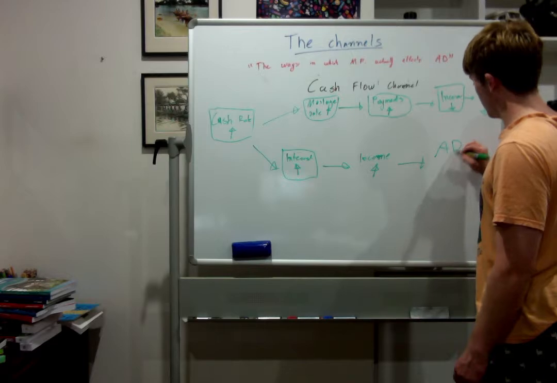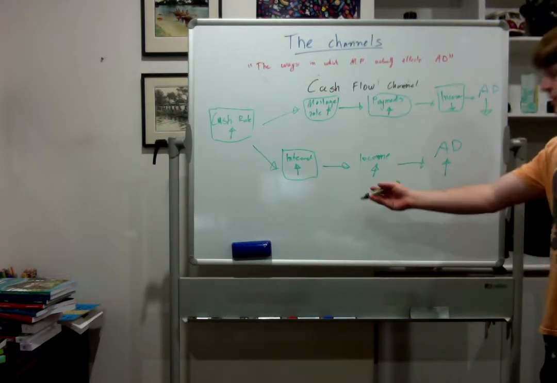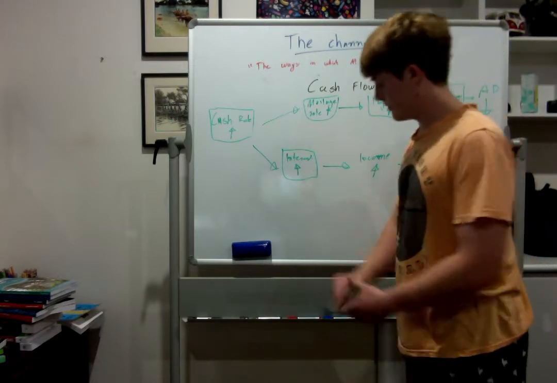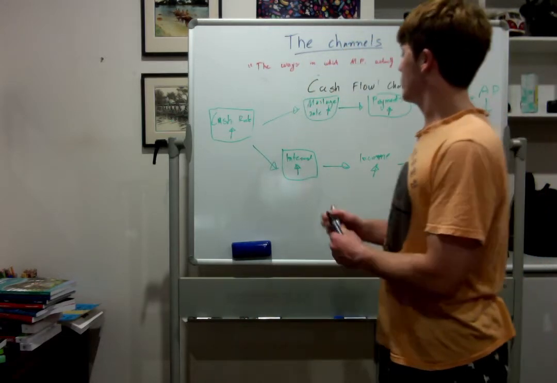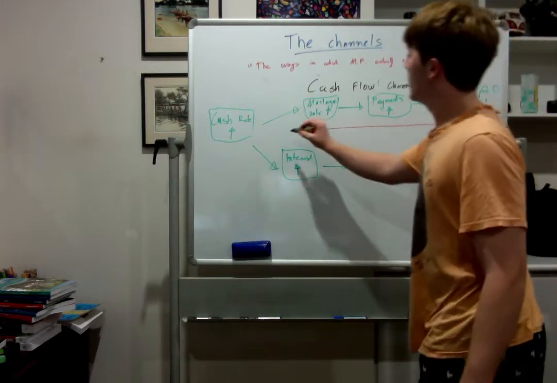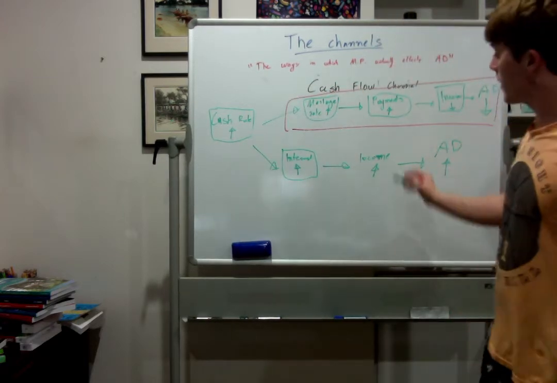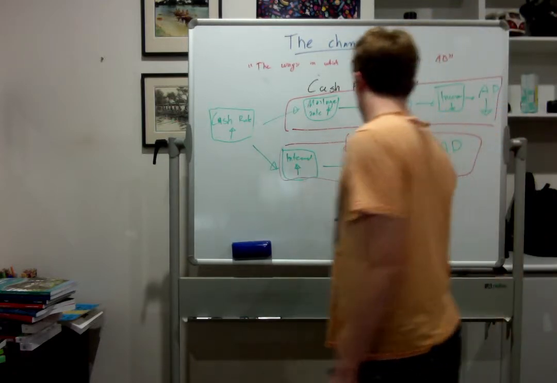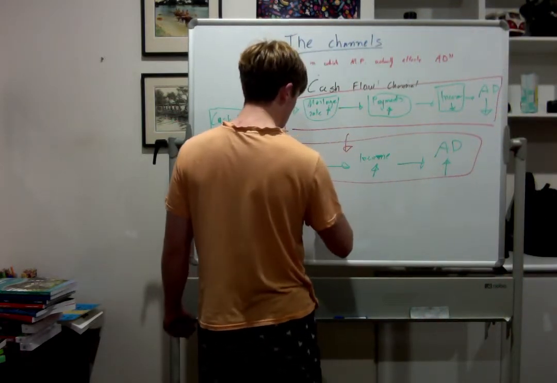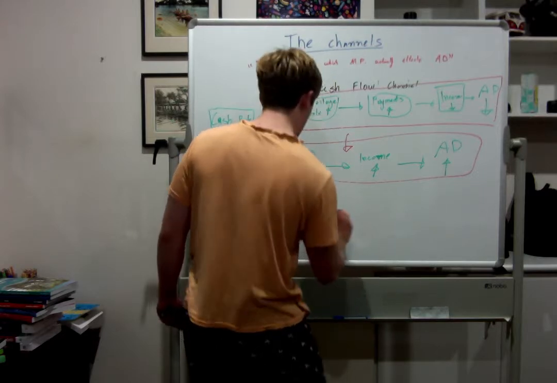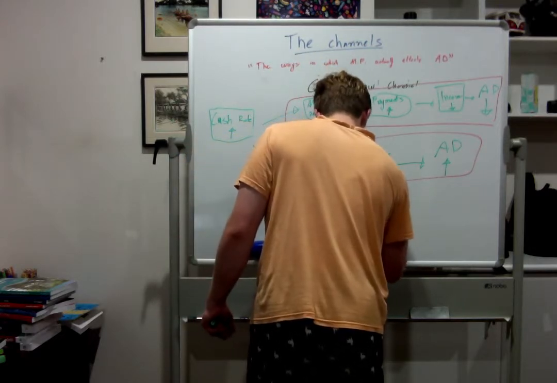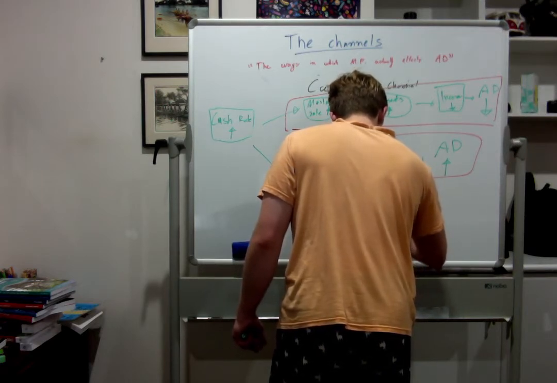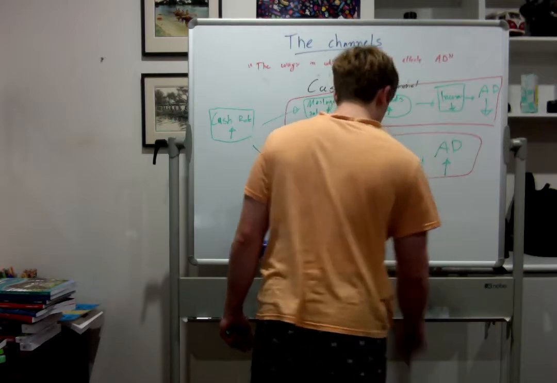AD up. So one thing you have to remember is that those are opposite to one another, but this flow is much larger than that one. This one's quite small. So the effect is AD up, much chunkier.